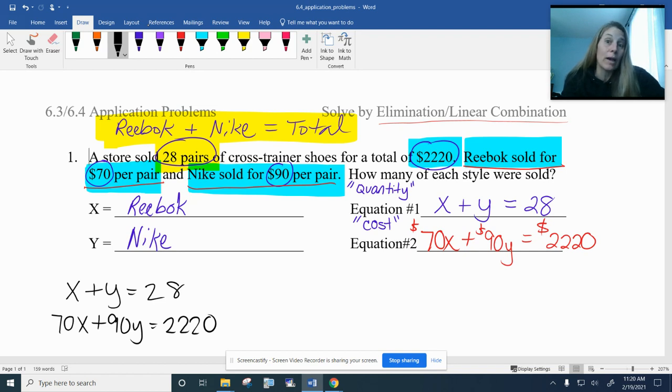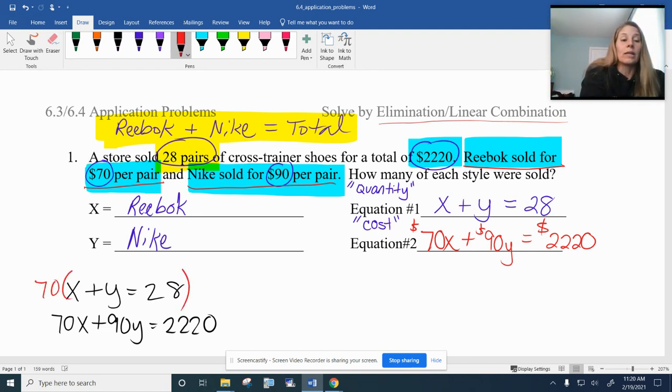I could easily multiply it by negative 70 and make it negative 70X, or I could multiply it by negative 90 to make it negative 90Y. It doesn't matter which one you do. Usually if I have more than one option, I choose the smaller number. So since 70 is smaller than 90, I'm going to do negative 70.